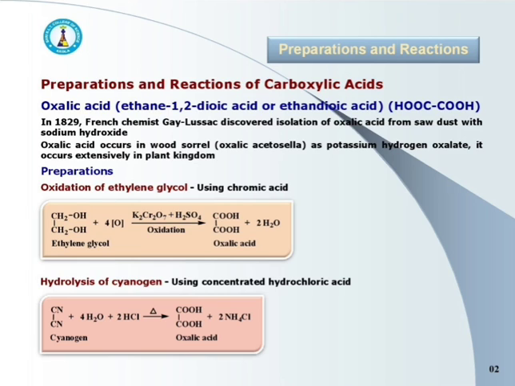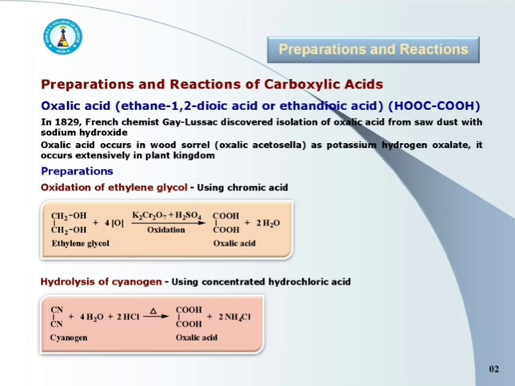Next one is preparation by hydrolysis of cyanogen. Hydrolysis of cyanogen using concentrated hydrochloric acid gives oxalic acid.